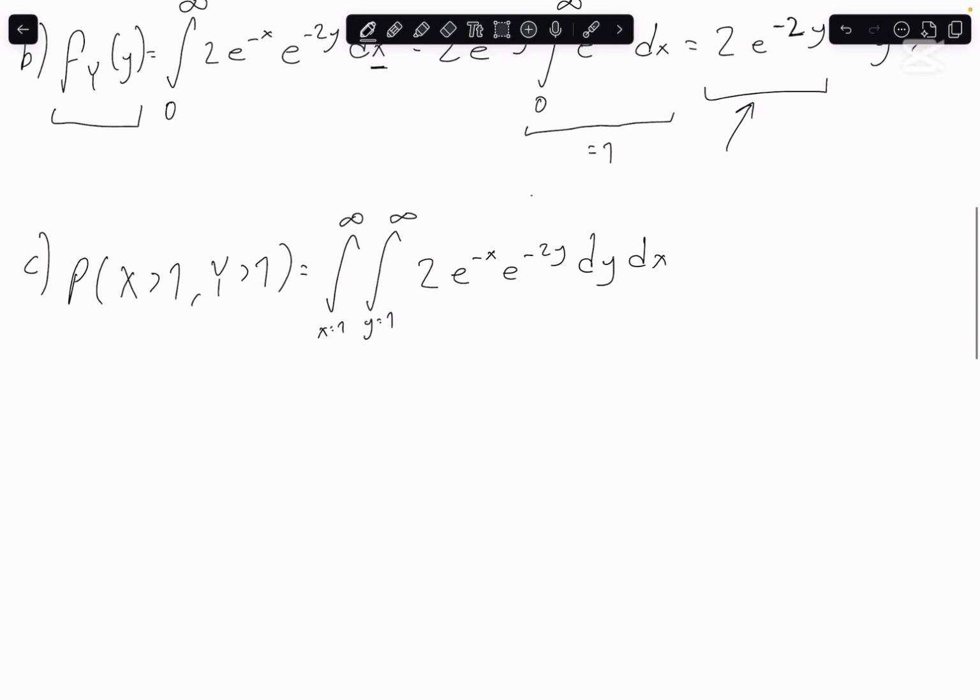I've just copied the joint PDF, e to the power of minus x and e to the power of minus 2y, and set the lower limits at 1 because that's our more than 1 year condition.